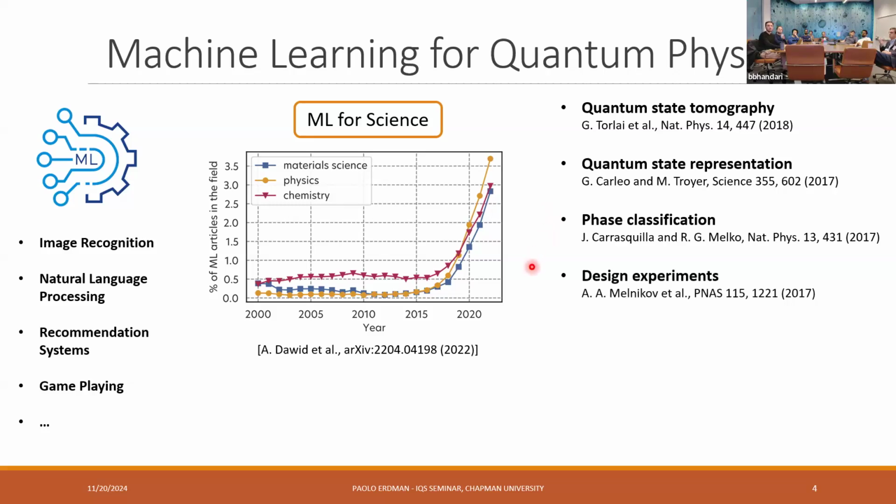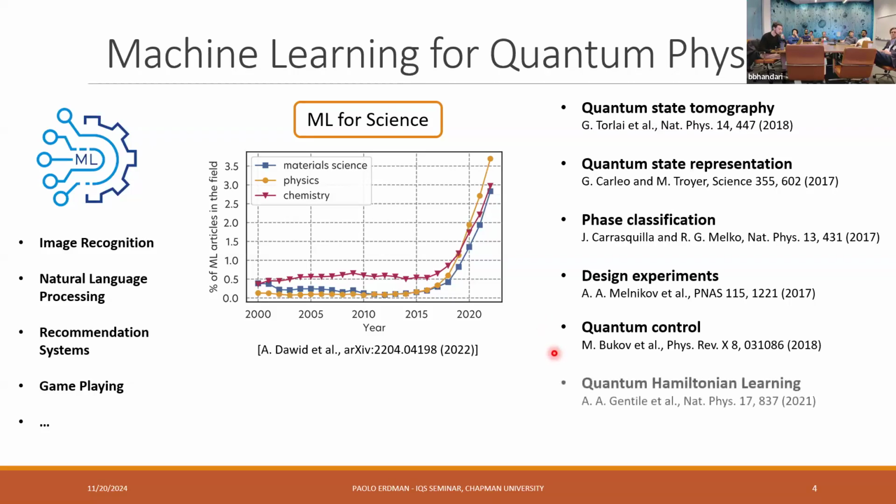Even to design experiments, for example, optical setups to implement a given experiment, like I think even to verify the Bell inequality and so on. It's been used for quantum control, to steer quantum systems, in this case also using reinforcement learning to learn the Hamiltonian from observing the dynamics and so on. So there are many approaches.